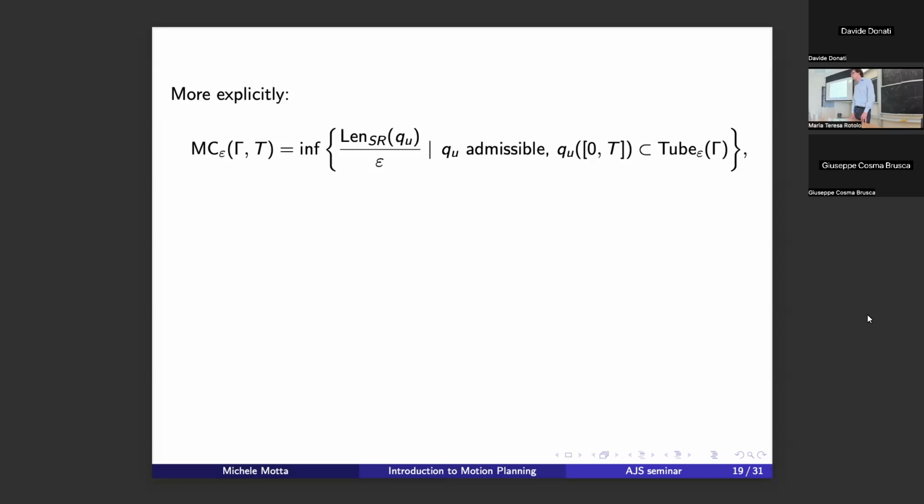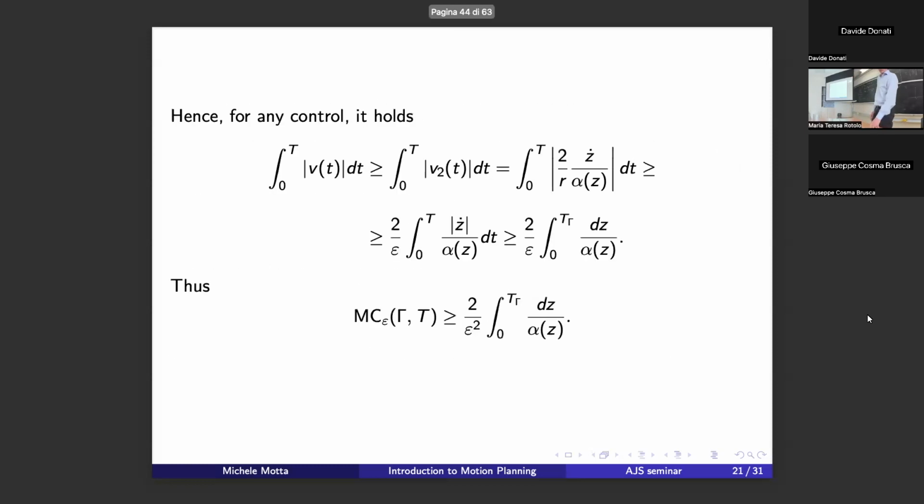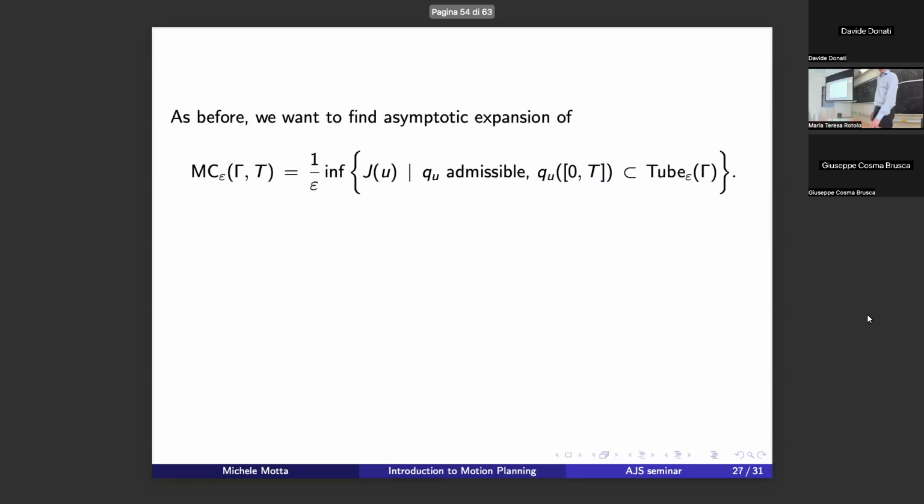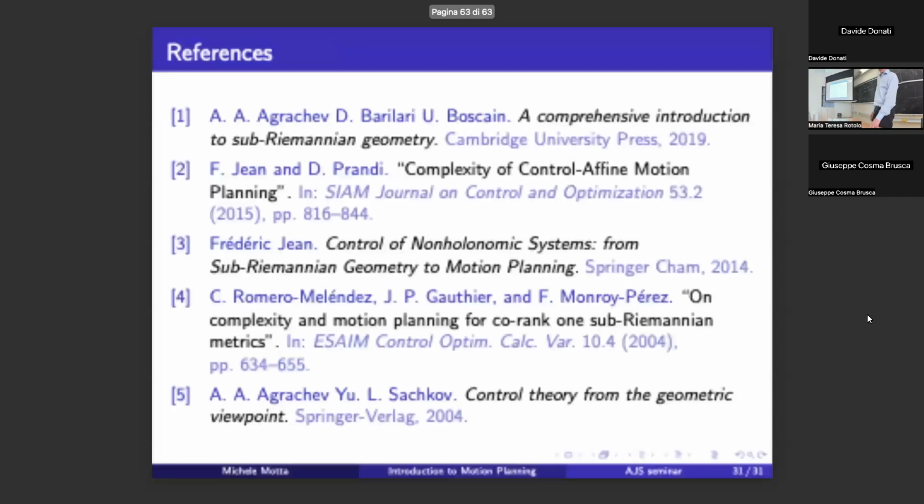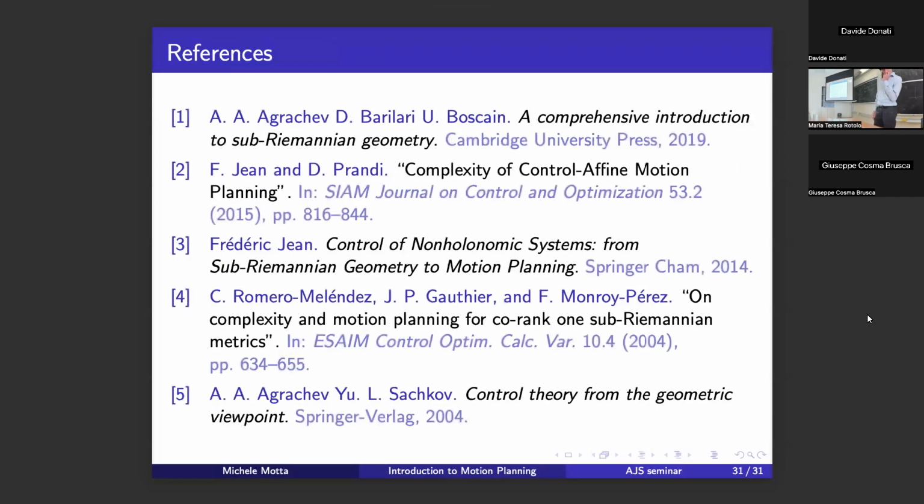The order of the asymptotics depends on the structure. Here in the example, the power was epsilon squared because we need just one bracket. But if you have more brackets, it grows faster. It's very easily controlled by brackets, even in the affine case, where the order was computed by Dario Prandi, I think. There is a nice and rather rich theory.